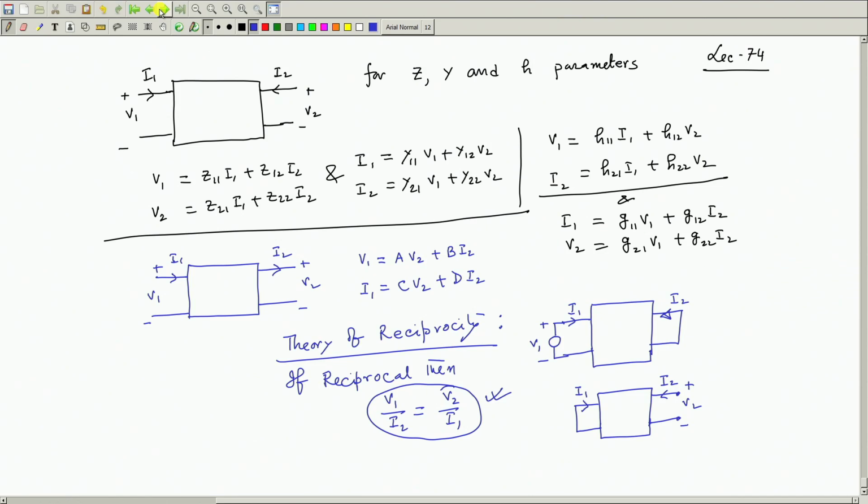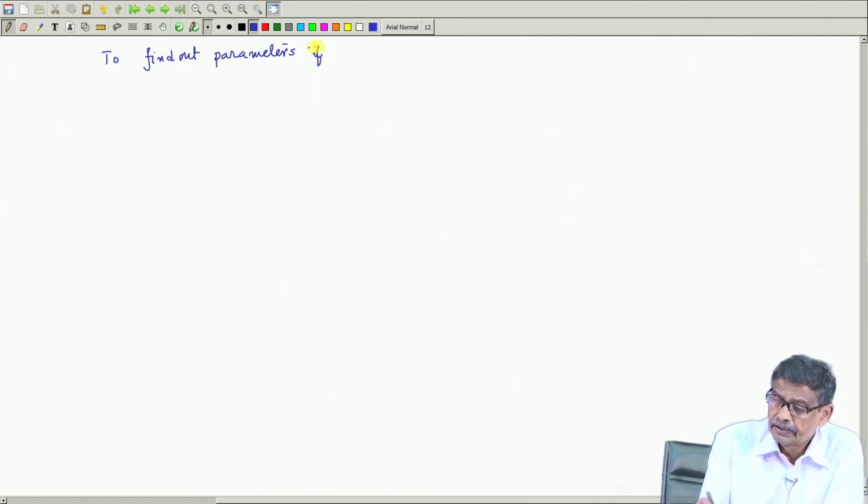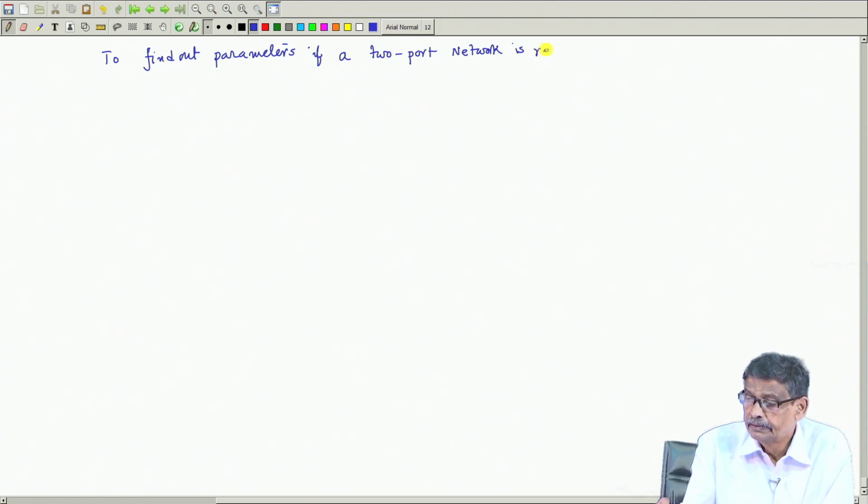For example, I will write it like this: to find out the parameters if a two-port network is reciprocal.